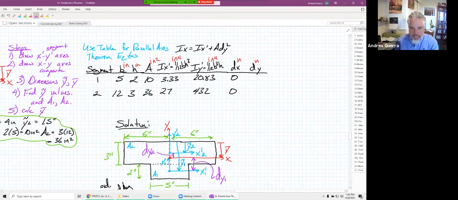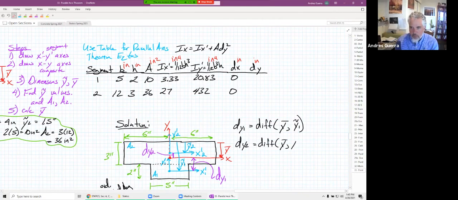The way that I like to find dx and dy is by taking the difference. We already did dx. dy for segment 1 is the difference between y bar and y tilde 1. dy for segment 2 is the difference between y bar and y tilde 2.